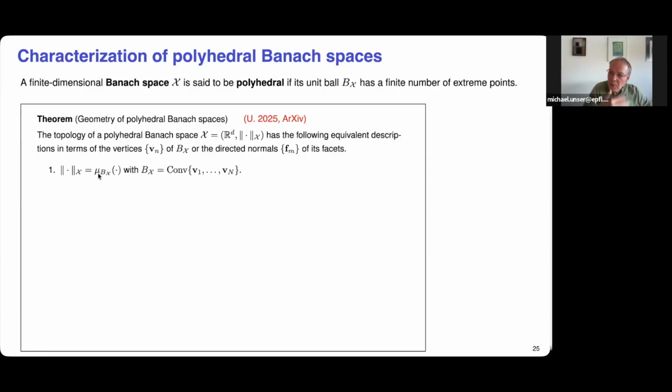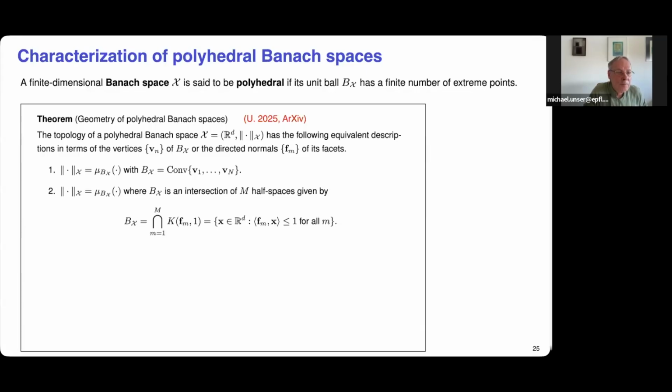If you take the Minkowski functional, you have the norm. Alternatively, there was another representation using the supporting hyperplanes, as an intersection of half spaces. Again, you can generate the unit ball, you do the Minkowski functional, you get the norm.